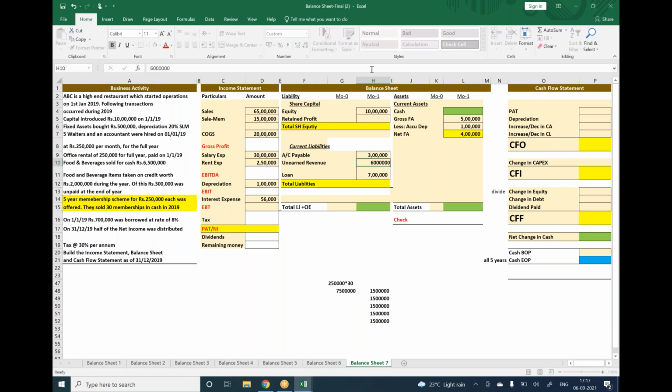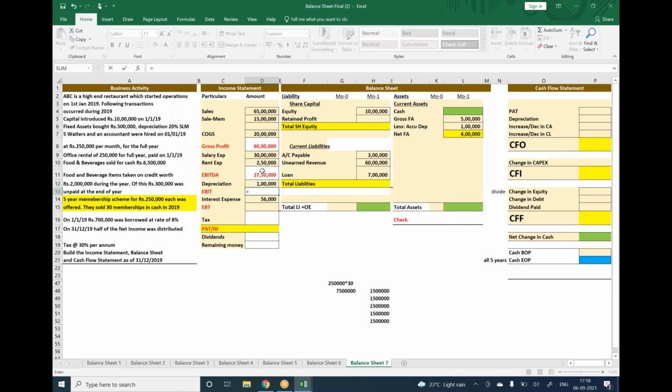Any doubts in this? Same thing, very similar to the previous one, what we learned. Okay, now it will be sales minus COGS, which is your gross profit. And your EBITDA will be gross profit minus salary expenses minus rent expenses.